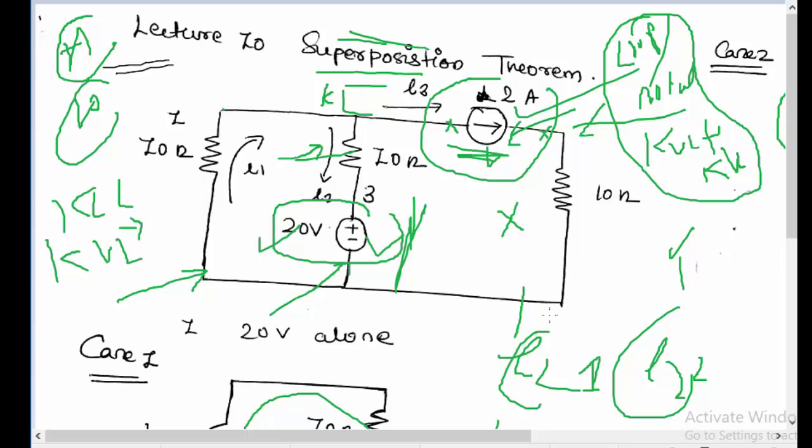The superposition theorem is mostly applied to circuits which have more than one active element, and we can find the current in any of the passive elements or the voltage at any of the nodes by considering only one active element at a time, open circuiting the current source, short circuiting the voltage source, and solving the circuit independently for each of the cases.